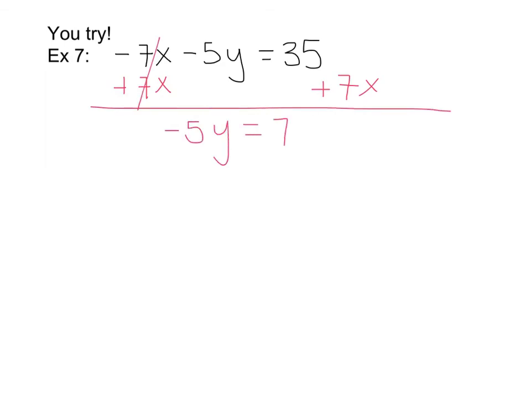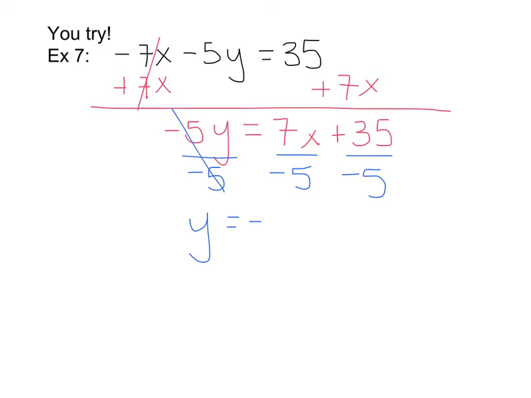Again, I'm going to write my x first because I know it goes mx plus b. It was positive 35, so I write plus 35. I need to get rid of my negative 5 that's in front of my y. Remember, you divide everything by negative 5, so that gives me y equals negative 7/5 x, and then 35 divided by negative 5 gives me negative 7.